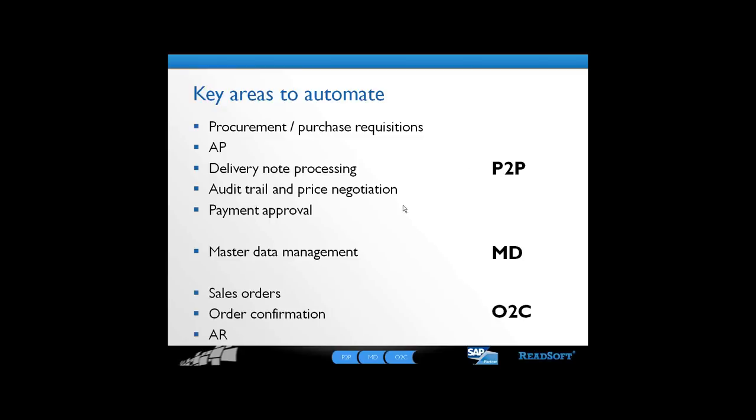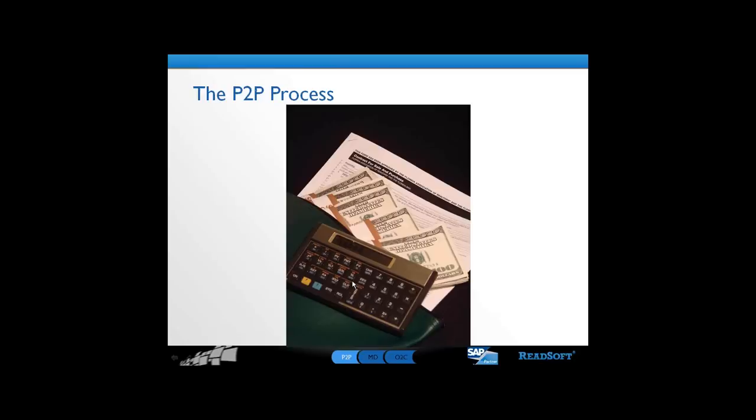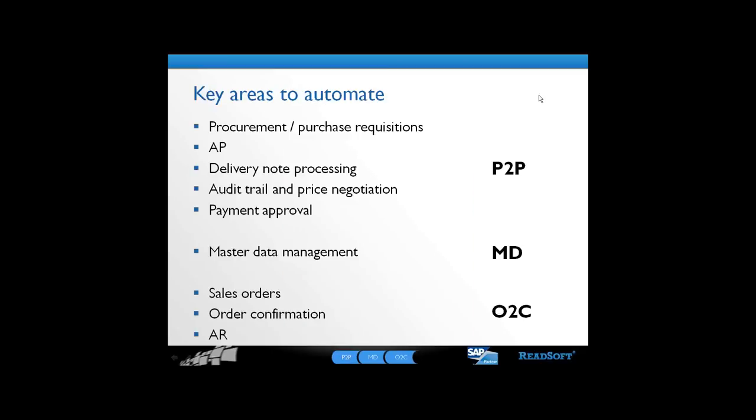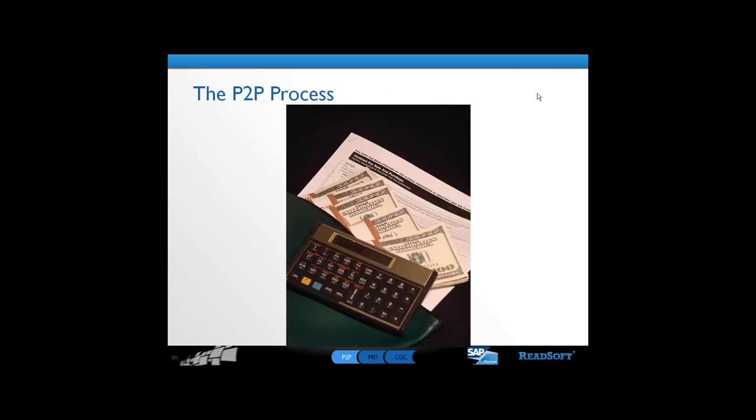Now, we know that there's more areas than this within each of these headings, but these are the ones that we're going to particularly look at automation, where you can get a fast return on investment, and we can certainly help with today. Down the bottom of the screen, you'll see there's 3 little blue pips down there as well: P2P, MD, and O2C. This will help, just for ease of viewing, guide you through the presentation as we go along.